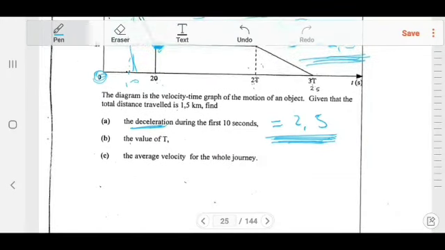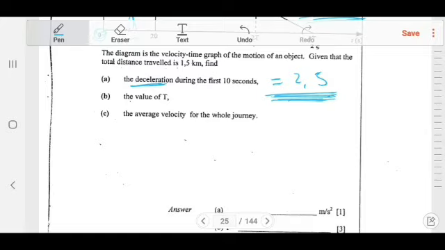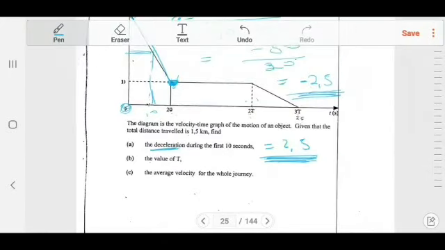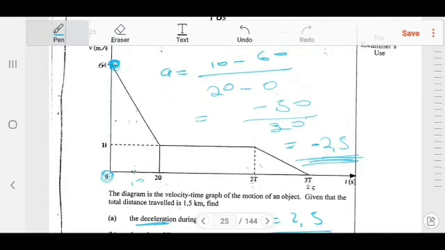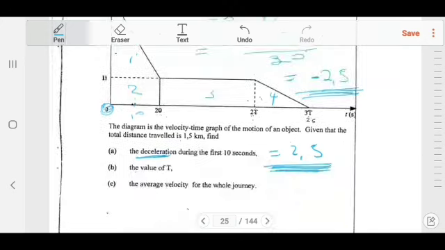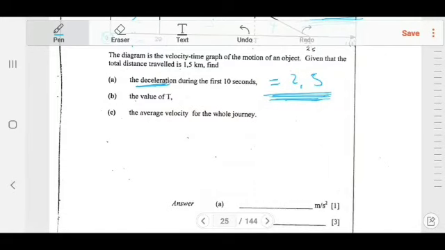Okay. And then find the value of t. The best way to find it here is to use the area of the whole journey. To find the whole area, you just need to add the areas of 1, 2, 3, 4. If you add those areas, you will find your t.